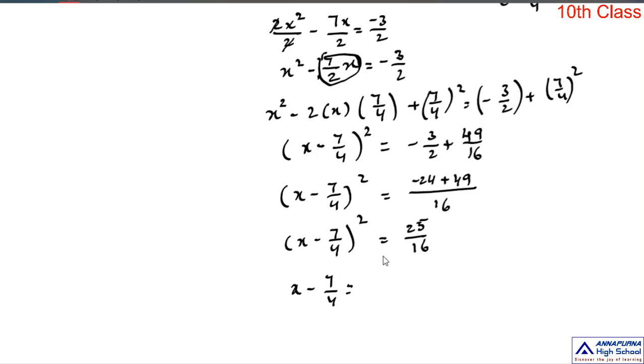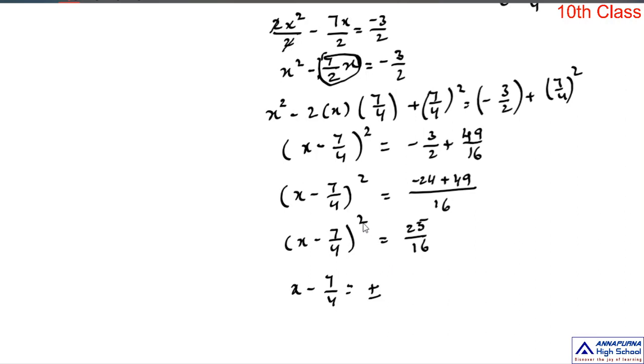One is the positive square root value and another one is the negative square root value. So here we are doing that. So you must put that plus or minus.